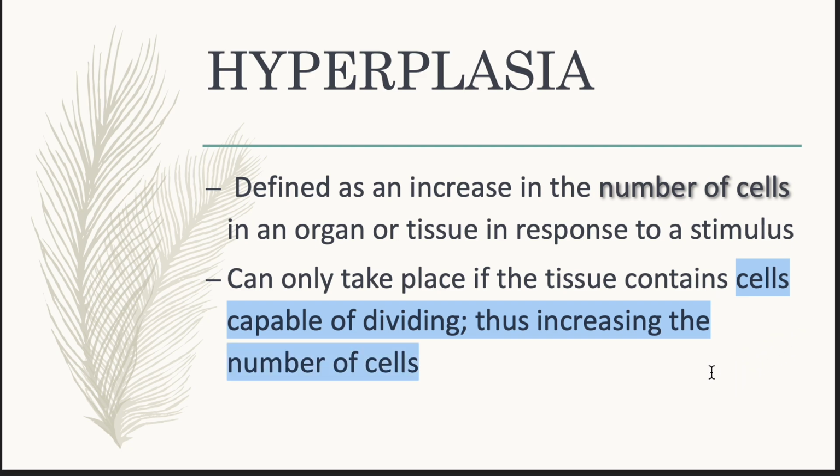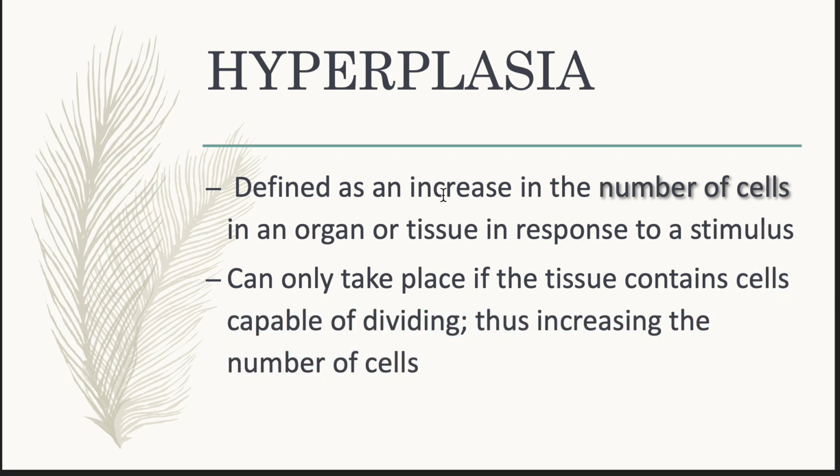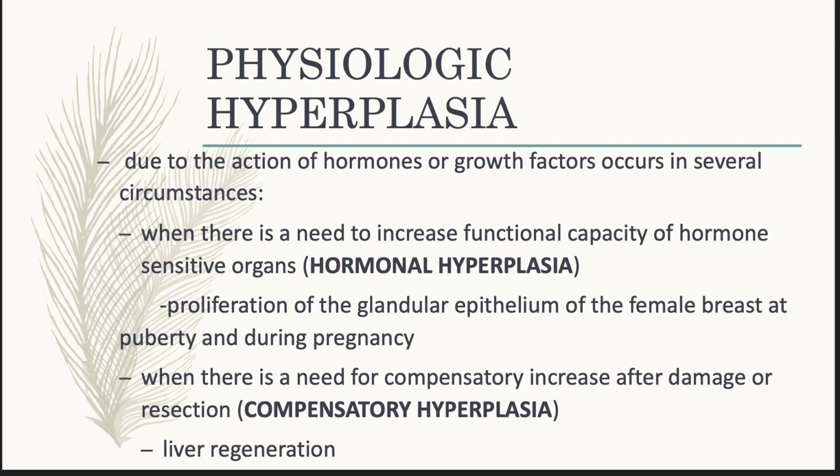So the cell needs the capability to multiply, so that its response to changes is to increase its number of cells. Okay? So, physiologic hyperplasia. Physiologic means it's a normal response of your body. It's not yet something abnormal that causes disease.